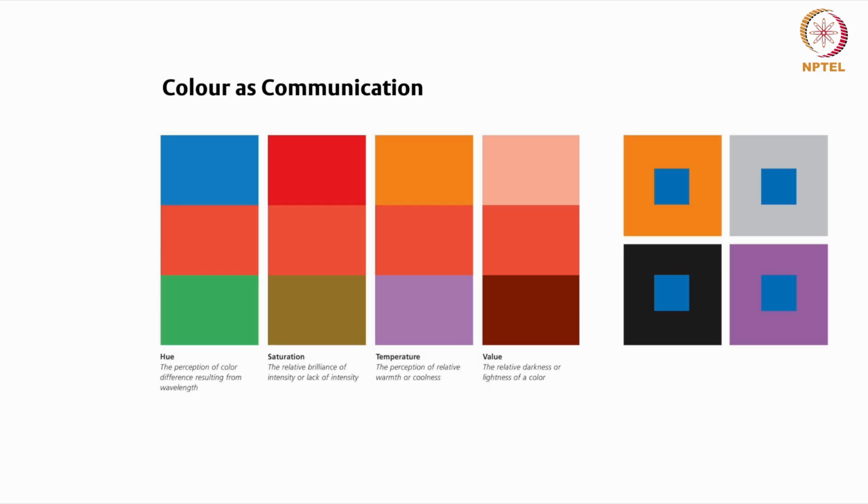For example, the same blue situated on backgrounds of varying saturation values and temperature appears to change color, which is visible on your right. This effect of color context is called simultaneous contrast, right? We will discuss this in detail during the elements of design module.